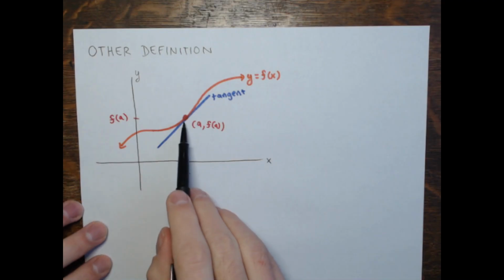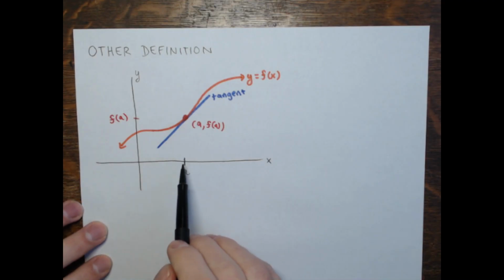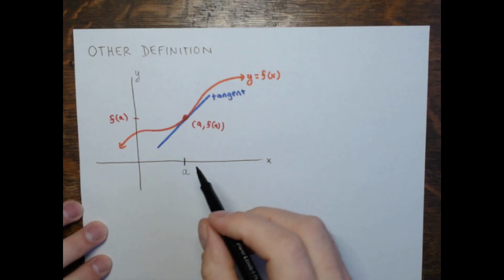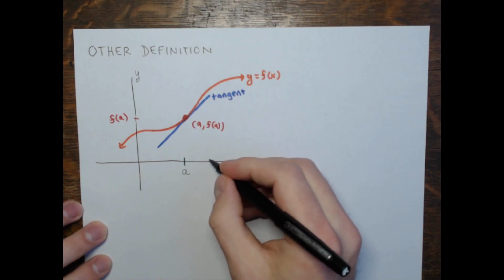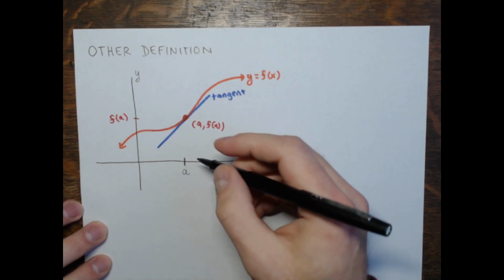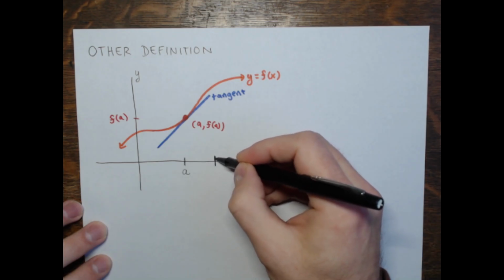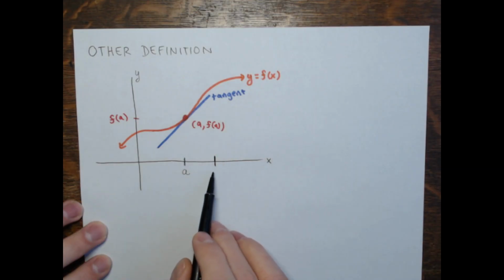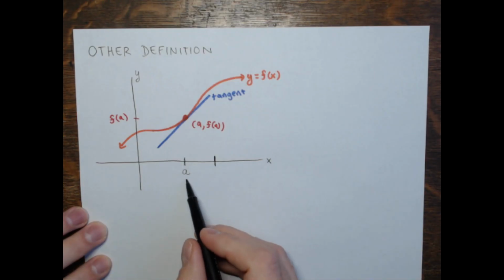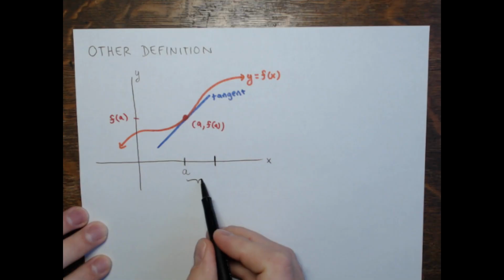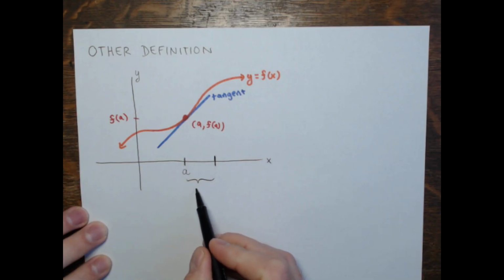So again, I only know one point on it, so I go somewhere else. This time I'll go over here. It doesn't matter, left side of A, right side of A. I go to some other value, but instead of calling it x, like on the previous page, we're going to say that we move left or right by some horizontal change.